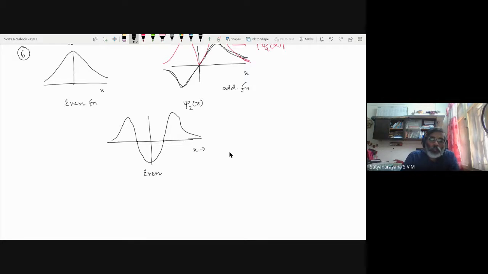So alternately, psi n of minus x is equal to psi n of x if n is even, 0, 2, like that. And psi n of minus x is equal to minus psi n of x if n is odd.